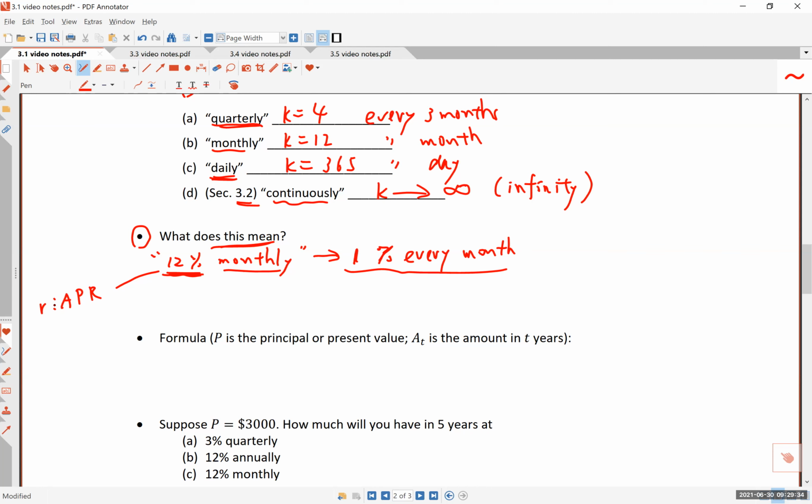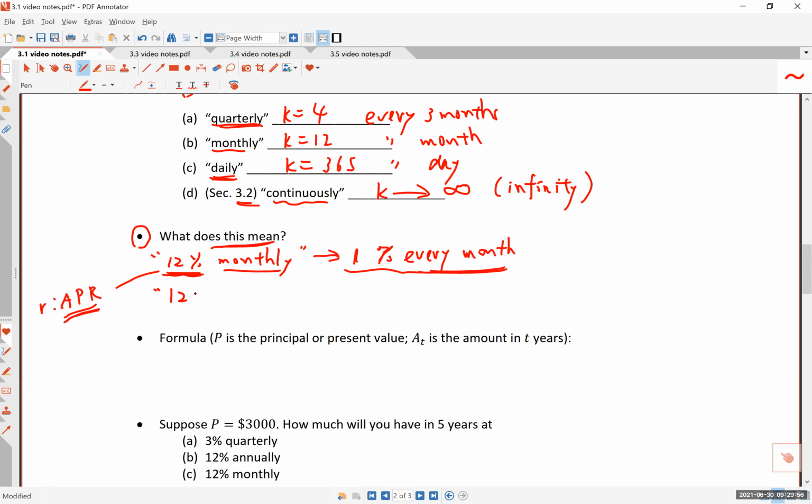But the real annual percentage yield that you will get with 1% every month is not going to be exactly 12%. It's going to be more than that. So in that sense, the term annual percentage rate is a little deceptive, but this is what they mean by that.